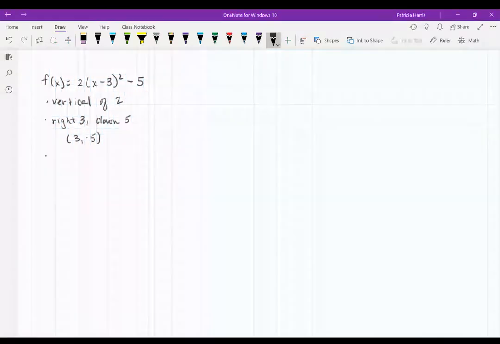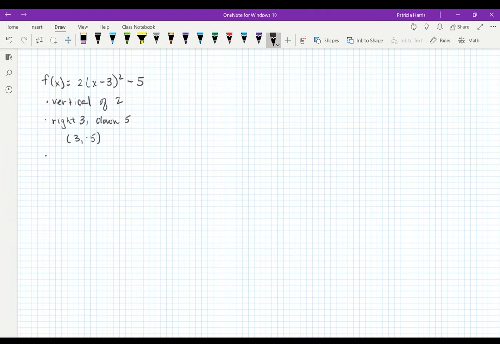You guys also might go on and tell me that there's an axis of symmetry at x equals 3. You might also tell me that there's a minimum value of y equals -5. Okay, well, let's graph it.